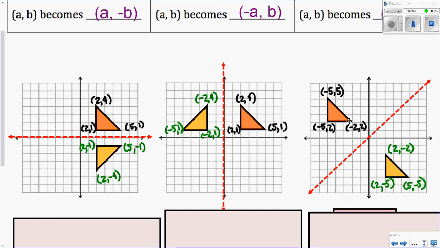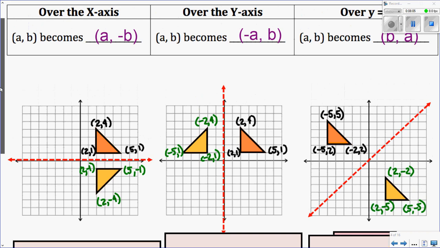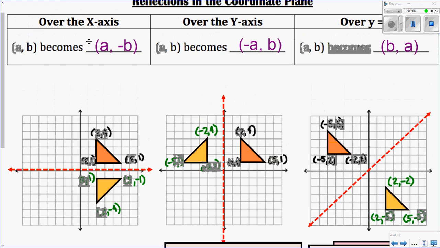When you flip it, notice how your numbers switch. They stay the same, but they switch. So if you remember what happens over the x-axis, y-axis, and y equals x, then it will be easy for you to plot your points for the shape.